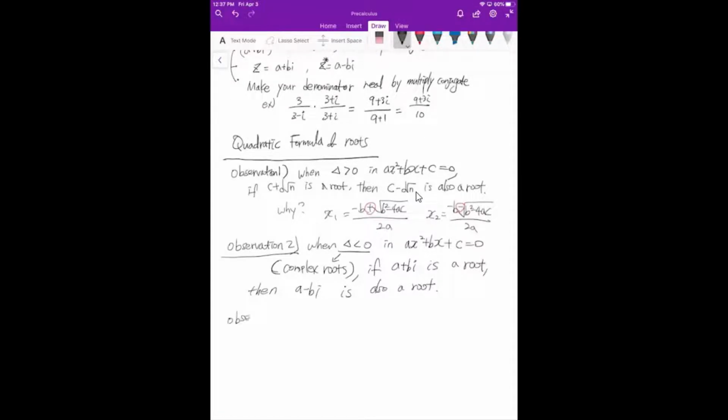Let's make the third observation. The real discussion that I wanted to make is actually number 3. Number 1 and 2 are kind of a review of what you know. What I want to do is explore the sum of x1 and x2. x1 plus x2 simply comes from taking the first one and adding the second one.